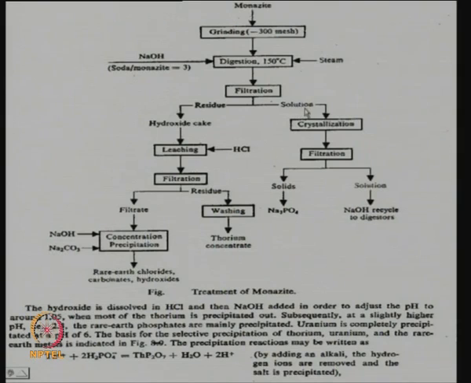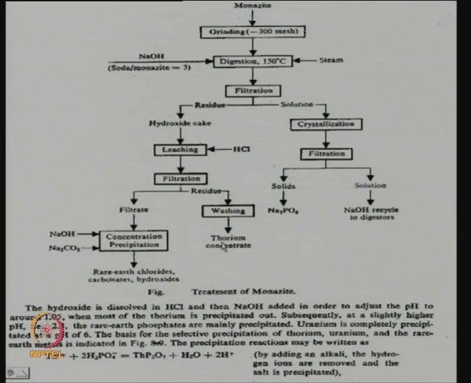The easily soluble things that we do not want go into the solution, from which we will recover sodium hydroxide for recirculation. From the cake, after acid leaching, we separate the thorium concentrate.